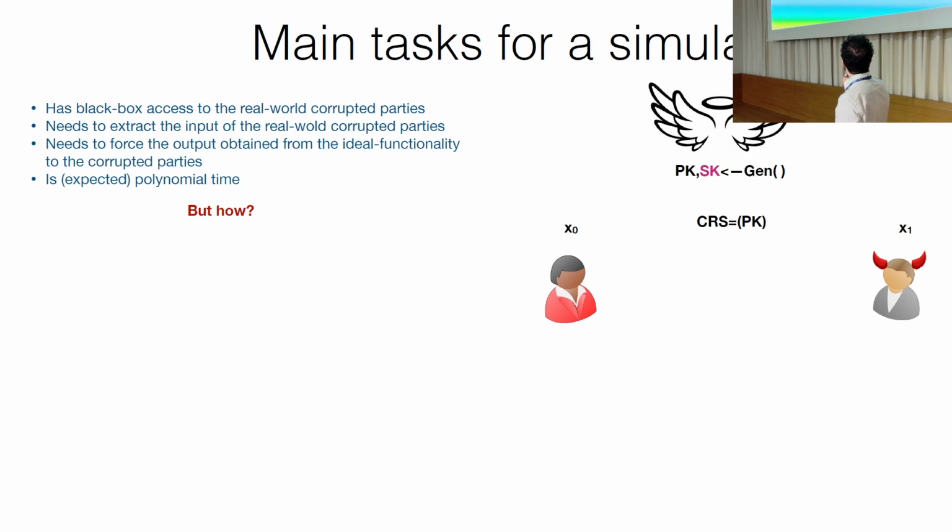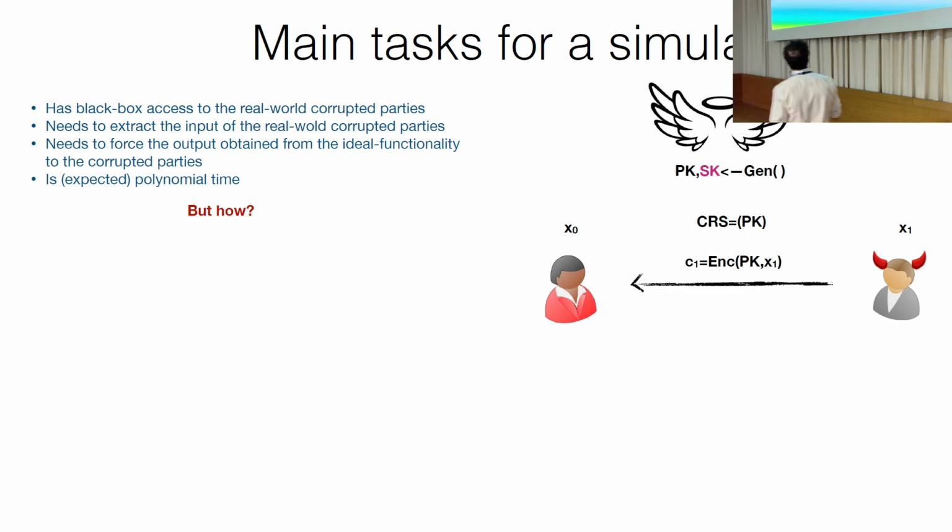One typical way to simulate and make things work in multi-party computation, but also in zero knowledge in many, many cases, is to assume that there is an angel, some trusted guy that gives us what is called some setup. In particular, in this case, this angel gives us a common reference string. And in this example, the common reference string is a public key of an encryption scheme.